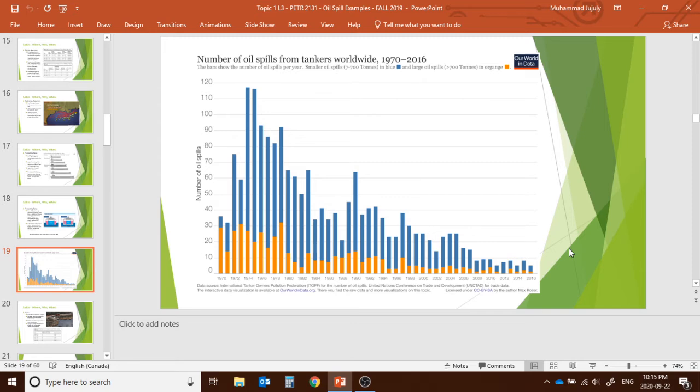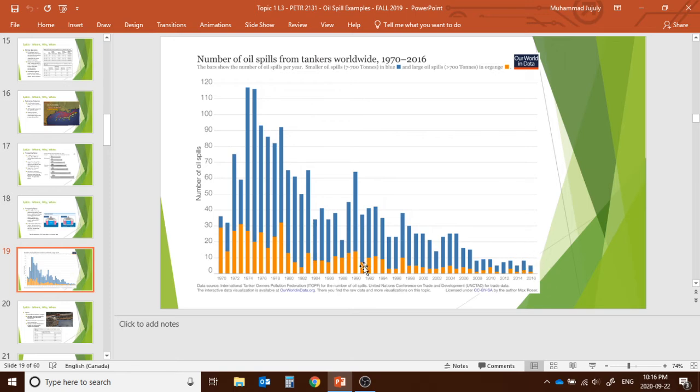As you remember, we told you about the number of oil spills on the previous slide. This is more detailed about the oil spills. As you can see, it's a very declining curve. You have probably heard from lots of environmentalists that there are lots of oil spills and so many case studies they will give you. But this is the reality: the number of oil spills is now very low, almost nil.